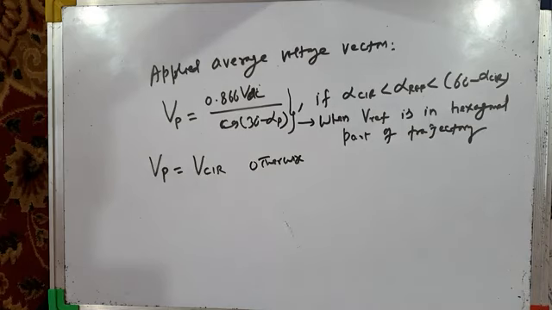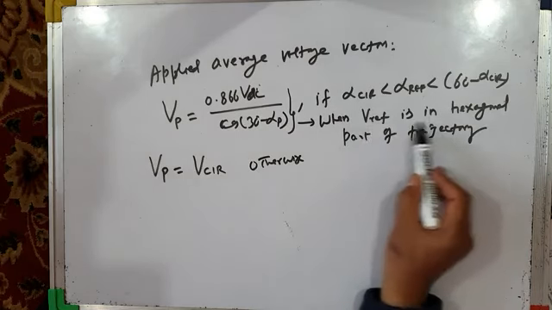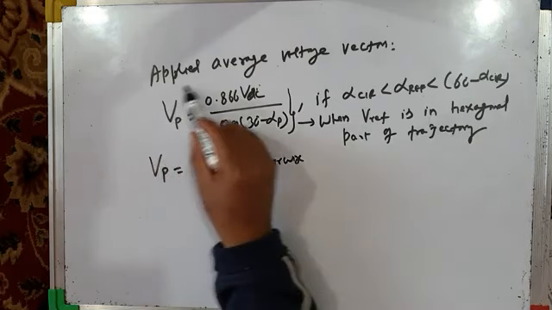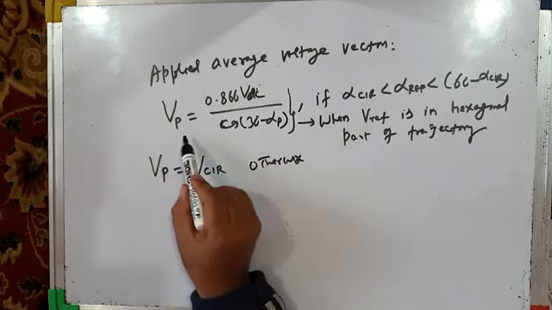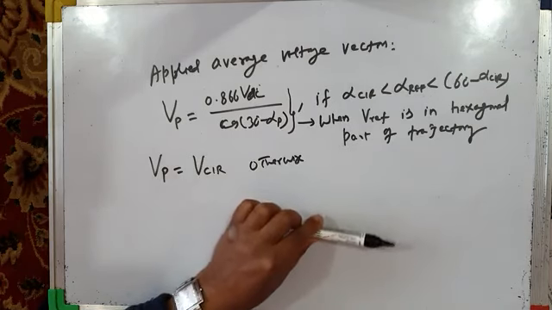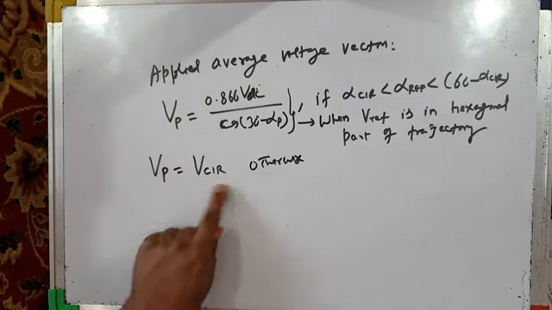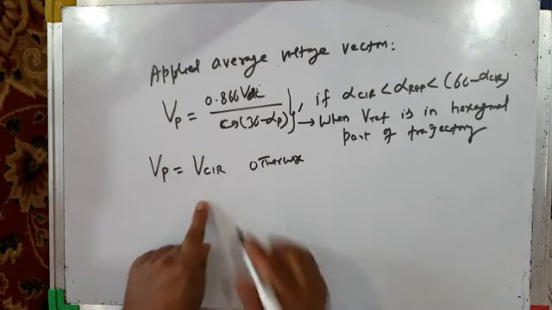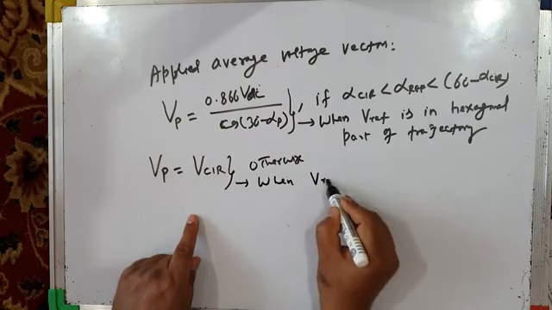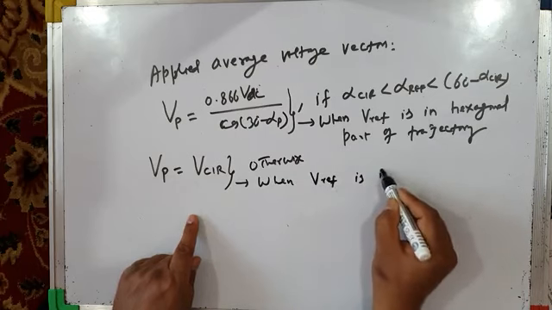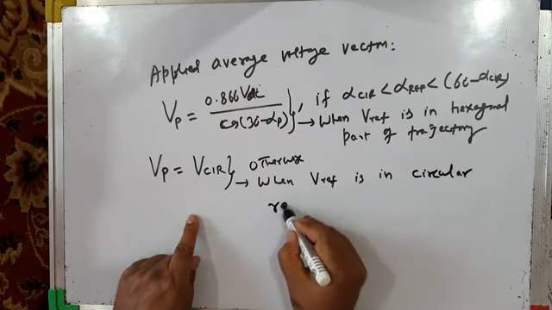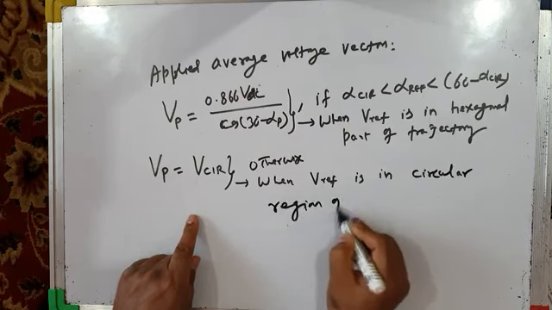And if the trajectory of the rotating reference vector is the hexagonal part of the trajectory, then the applied voltage vector is given by this formula, remember it. And if your rotating reference vector is moving along the circular trajectory, then it is given by this formula. Okay, यहाँ पे मैं लिखूंगा when Vref is in circular region of trajectory.